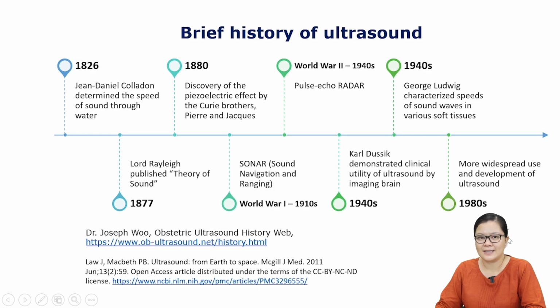And in the 1980s, this led to more widespread use of ultrasound as well as the development of various ultrasound imaging modes to be able to image tissues. I'd also like to invite you to look into several of these references that delve more deeply into the history of ultrasound.